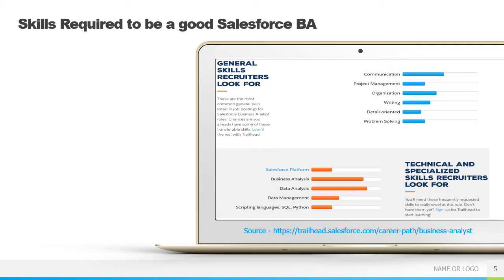And data management, scripting language, SQL and Python, yes, they are important, but not very important. I hardly have ever done any Python scripting. However, in order to understand an Apex program, when the processes are highly automated, they also use some Apex code.